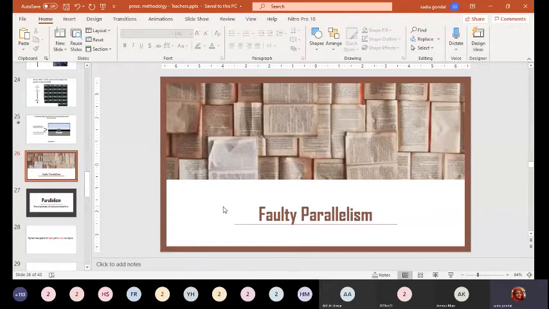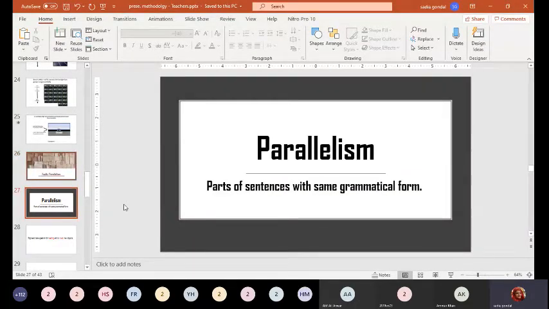When we are writing a document, and when we are making our bullet points on the PowerPoint slides, we should avoid a faulty parallelism writing style. Faulty of course means incorrect. What is meant by parallelism?